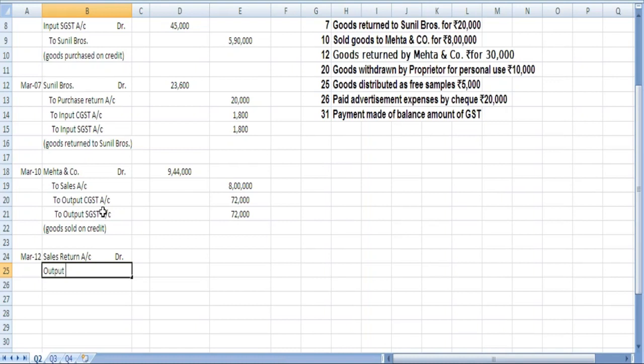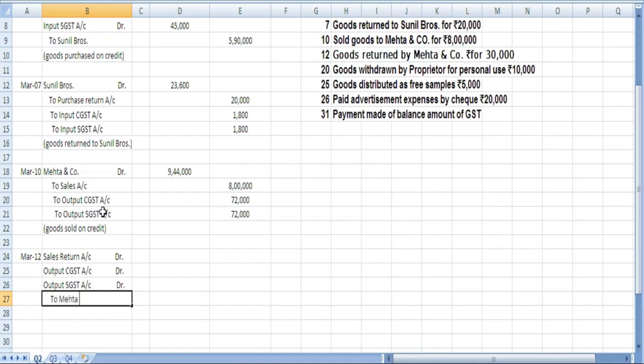So output CGST account debit, output SGST account debit, and who is giving it back?